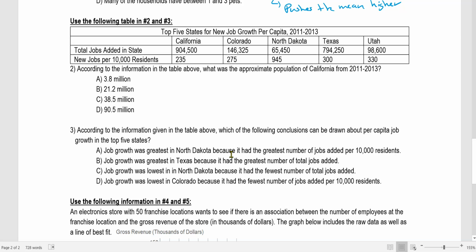Number 2 and 3 here. According to the information table above, what is the approximate population of California in 2011, 2013? Okay, so in this scenario, we know that California has 235 jobs per 10,000. So if I do 235 per 10,000, and then we want to know the actual population.